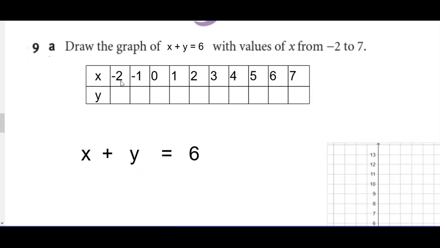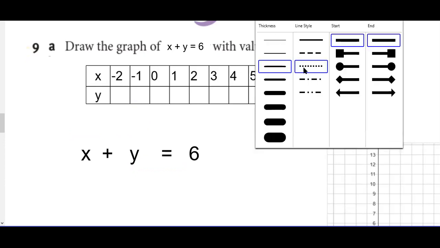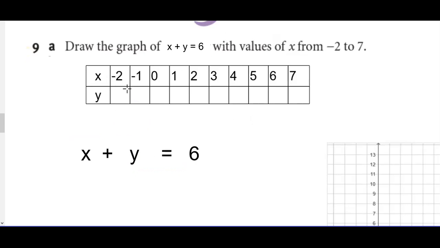I have the value of x already here. X is -2. Now I have to look for the value of y. So just go ahead substituting the values of x into the given equation. x is -2, so take your -2 and substitute it in this equation.